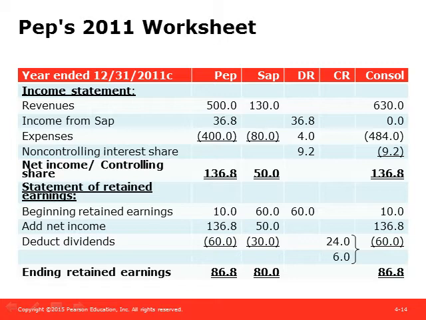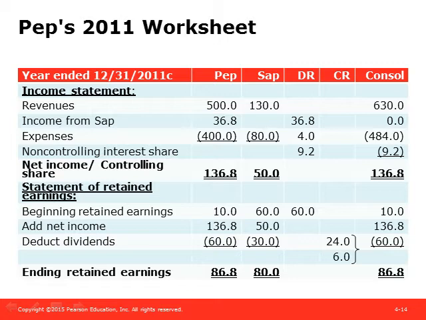So we see for 2011 at the consolidated level, we see PEP's balances, we see SAP's balances, and we see the debit and credit entries that we just posted. And then out to the far right, by netting all of these amounts together, we see the consolidated balances.